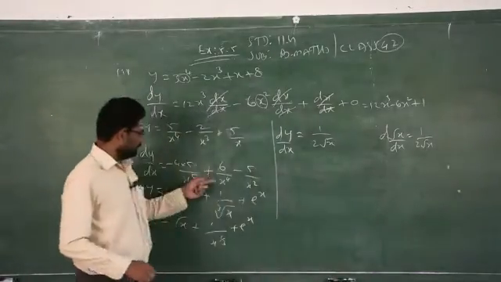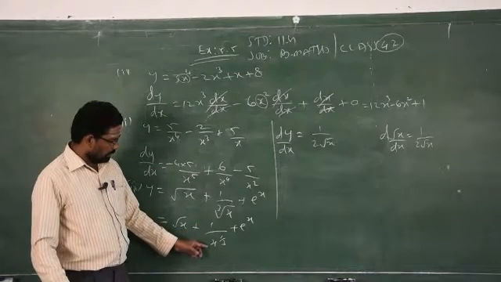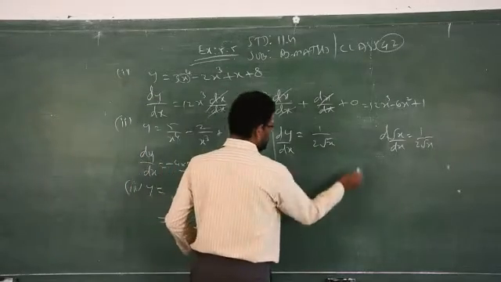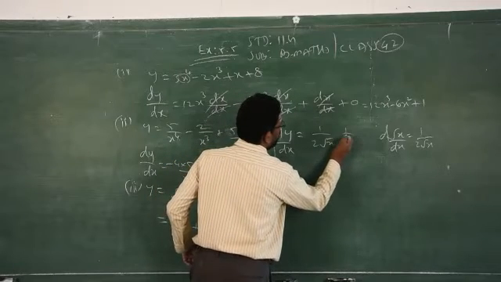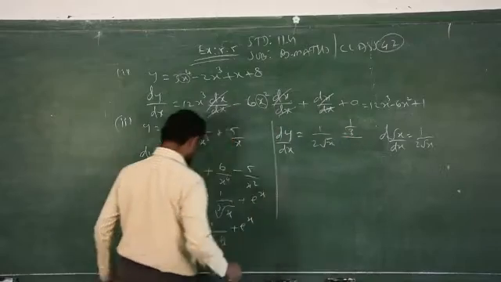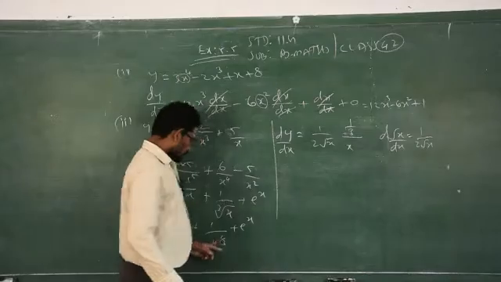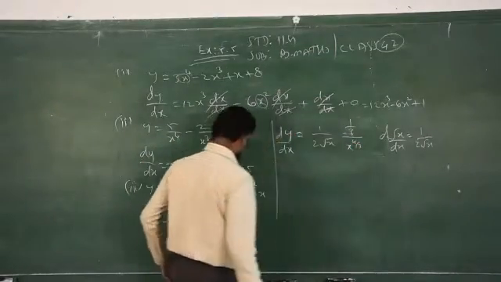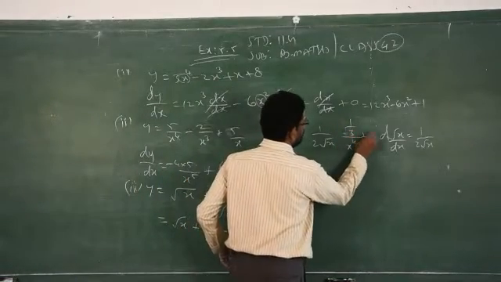Then as usual, like the previous second question, we have the variable only in the denominator, so just multiply 1 into 1 by 3, and add 1 to the power 4, you will get 1 by 3 into 4 by 3. Differentiation of e power x is e power x.